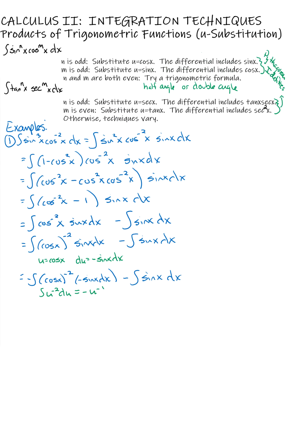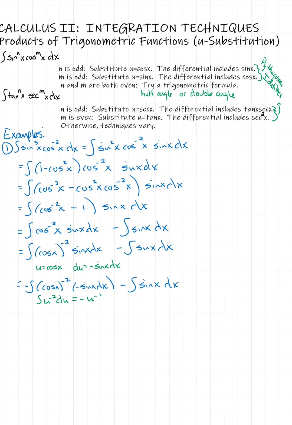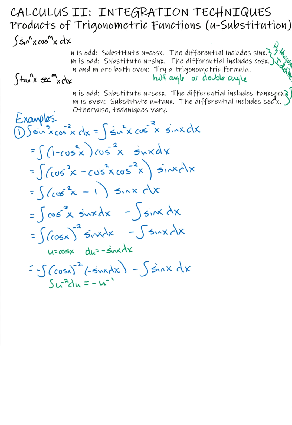All right, so in terms of our sines and cosines, we still have this negative out here in the front. This one here is still there. Just write that down. Then when we integrate, we have negative u to the negative 1. Remember, u is cosine of x.